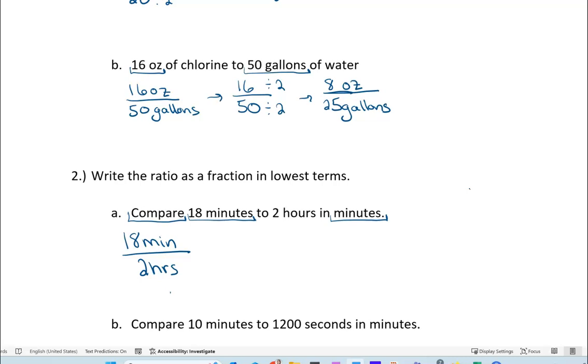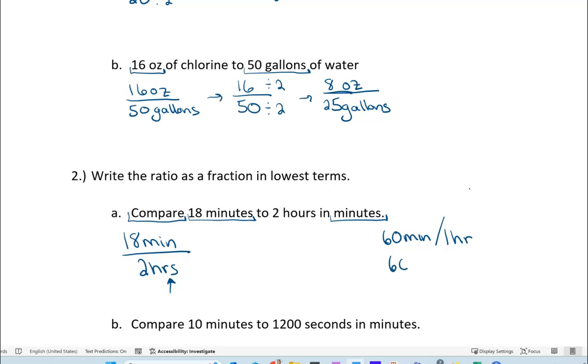So we need to change the hours to minutes. So the question with that is, how many minutes are in an hour? Well, there are, I'll write it over here, 60 minutes per 1 hour.